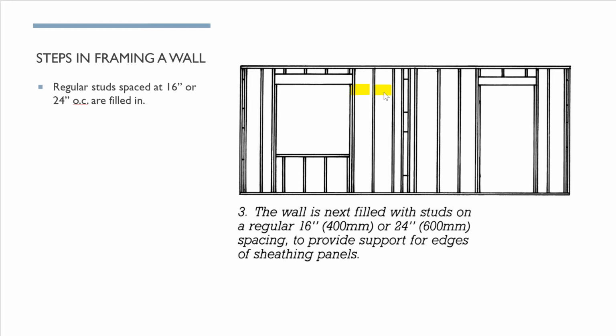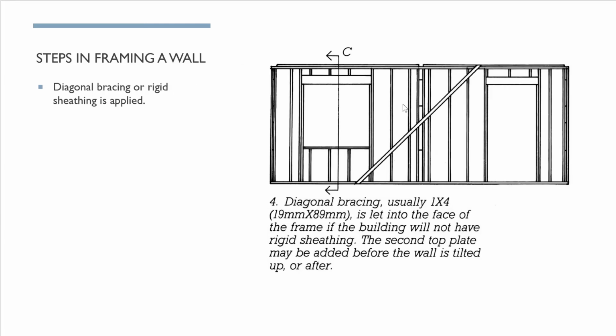But it's important to note that I can't, with 2x4 construction, have a span that's greater than 16. So if this was 16 and this is 8, I obviously have a span that is wider than 16, which means now I have some structural integrity issues. So I do have to add in this last stud here, even though maybe it's only 8 inches away from its next partner over.